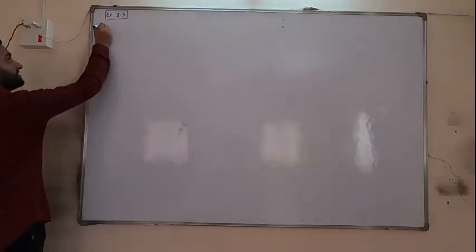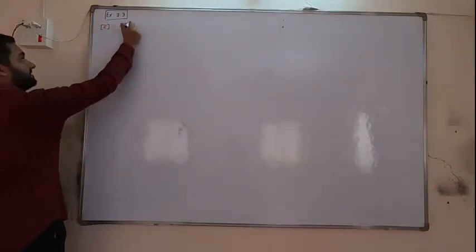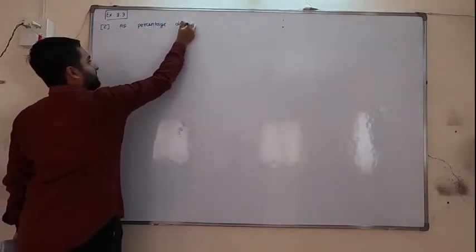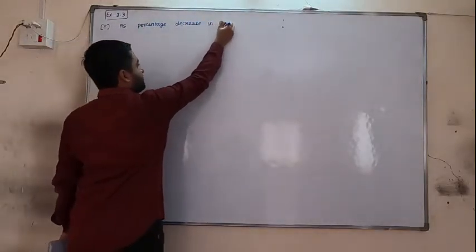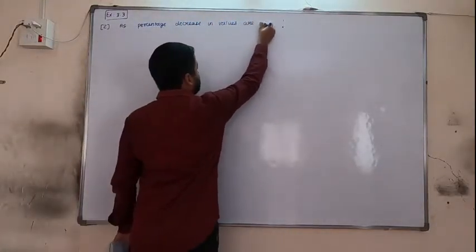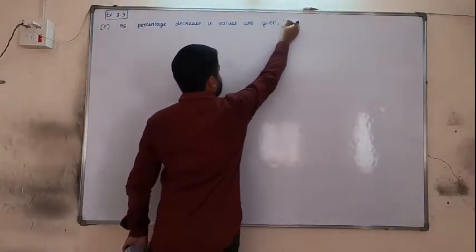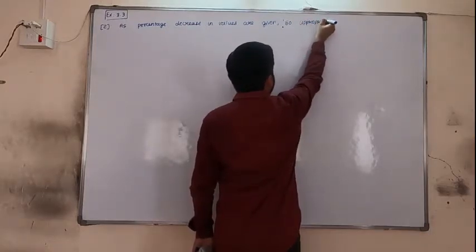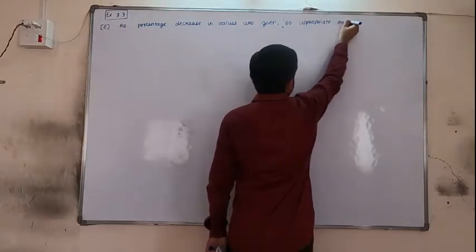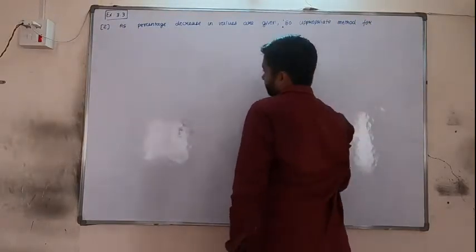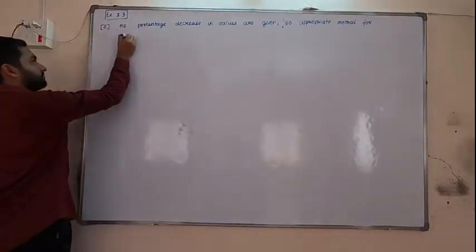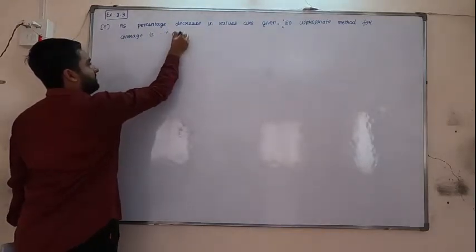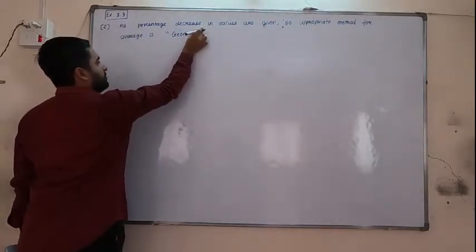Now first we will write the reason for using geometric mean: percentage decrease in values are given, so appropriate method for average is, in inverted commas, geometric mean.